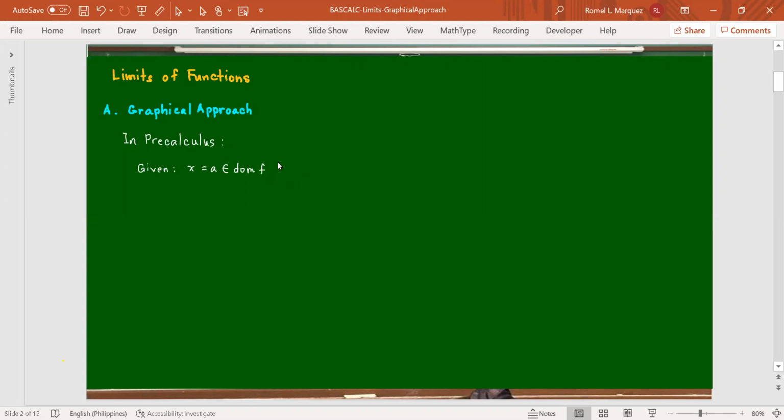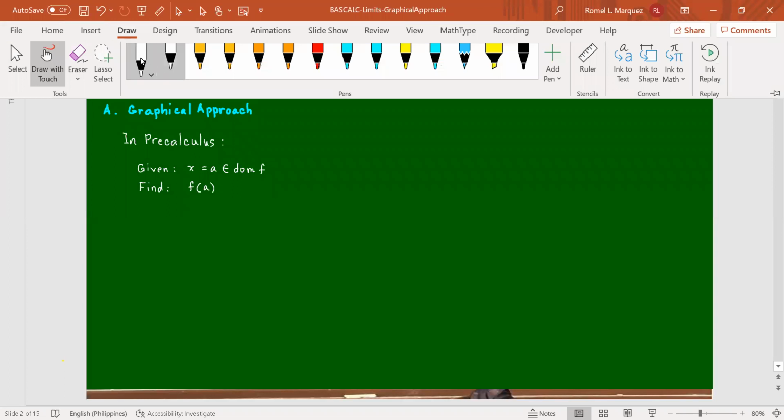Where f is a function, and we are interested with the function value. Okay? So we want to know the value of f at x equals a. Normally, that's the concern of pre-calculus. Just the function value of f at x equals a. In calculus, it's different, you know.